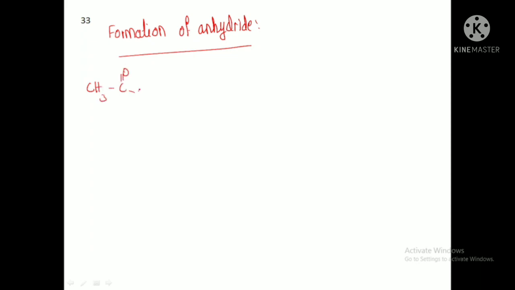Next is formation of anhydrides. I will take two carboxylic acids, CH3C double bond O OH plus CH3C double bond O OH, and I will heat it in the presence of acid, or heat it with P2O5.